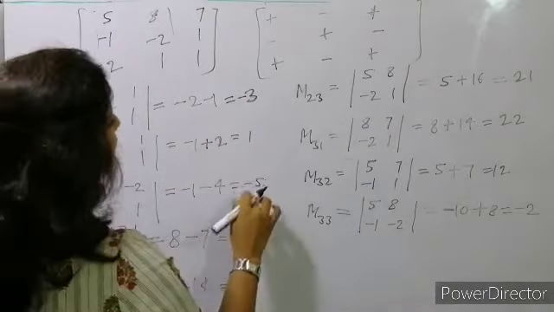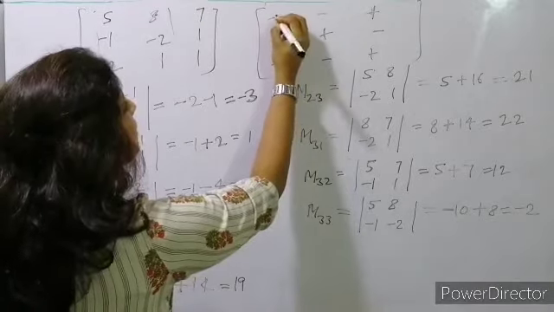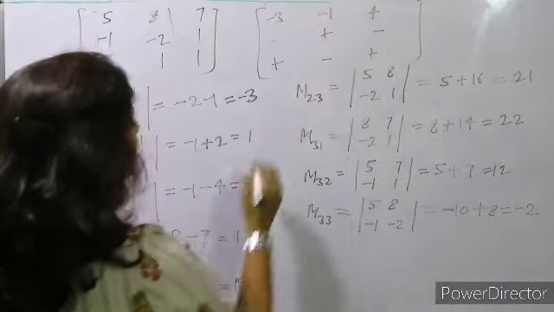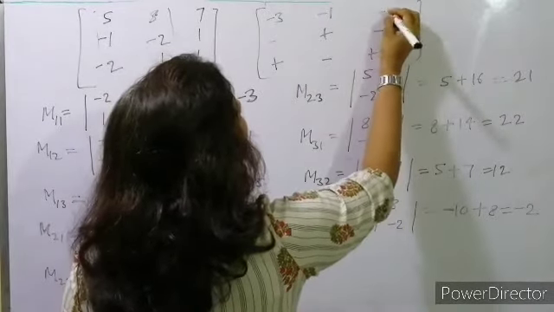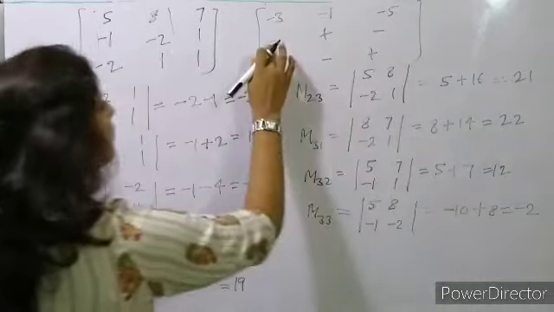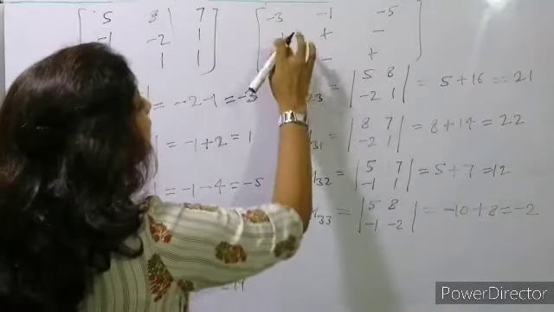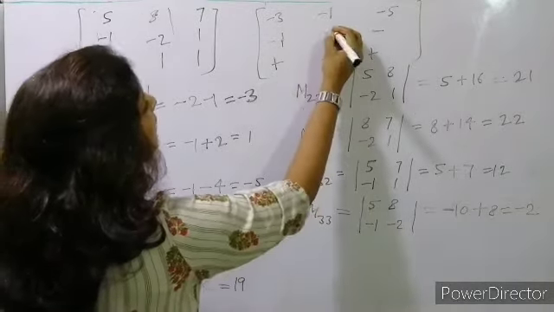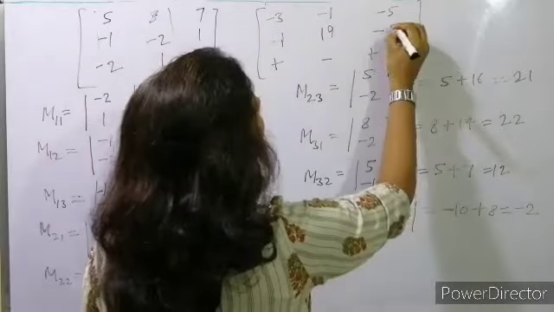Minus 3 into plus is minus 3, 1 into minus is minus 1, minus 5 so minus 5. Now minus into 1 minus 1 plus 19, so 19, and then next is minus, so minus 21.